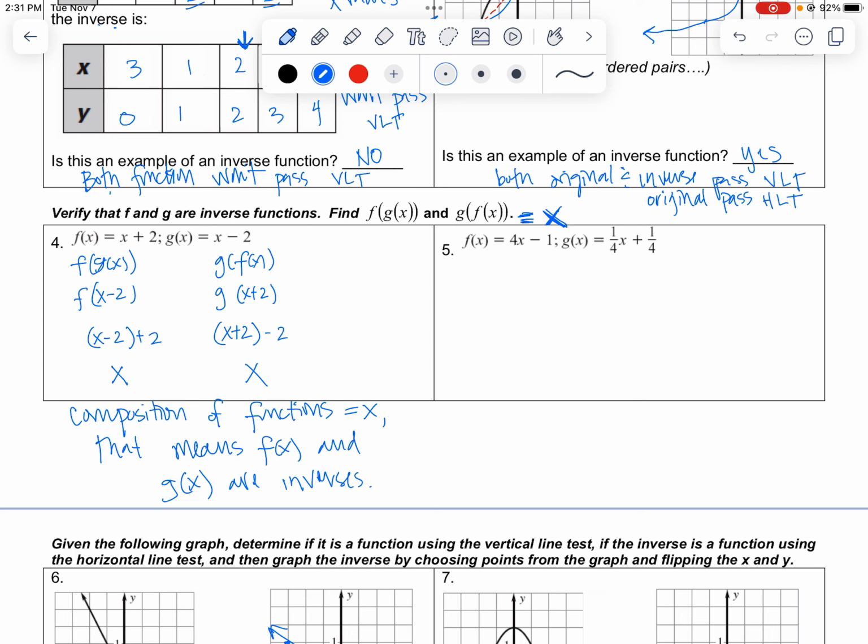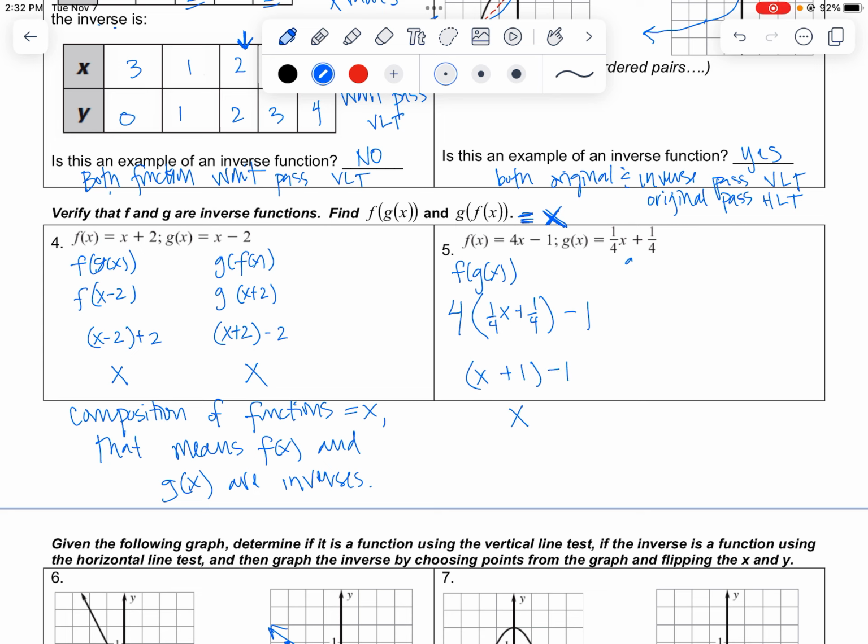Okay, now in number 5 we can do the same thing. We can take f of g of x. We can take the g function 1/4 x plus 1/4 and plug it into the f function. So when we distribute the 4, it looks like we get x plus 1 in the parentheses and then minus 1. We sure enough get x.